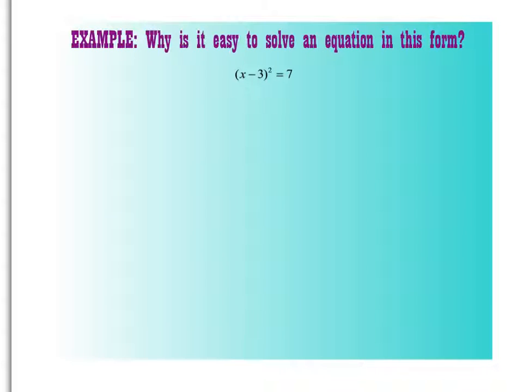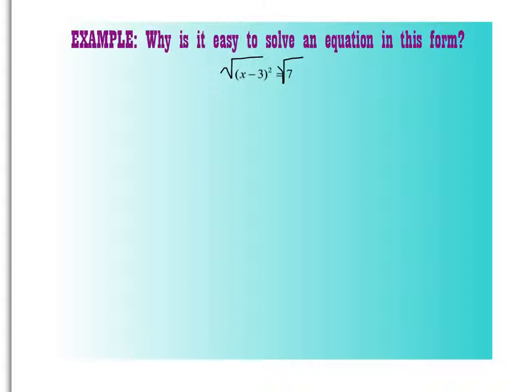Before we actually get into completing the square, let's do a problem that shows us why completing the square makes problems easy to solve. This is a fairly simple equation to solve because we just need to square root both sides to eliminate the squared term on the left-hand side.